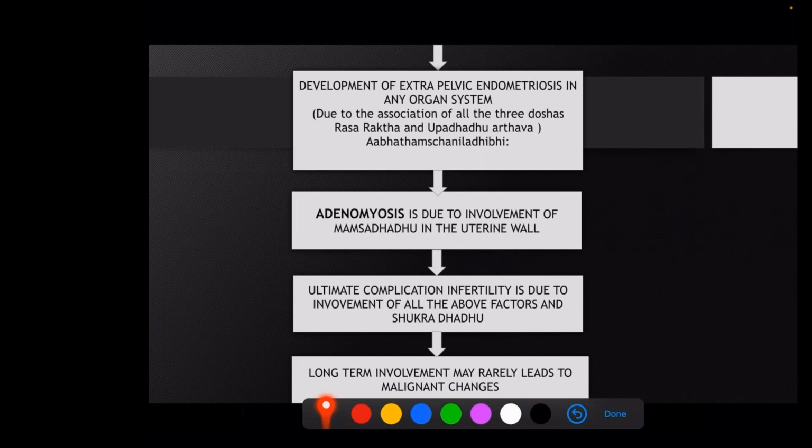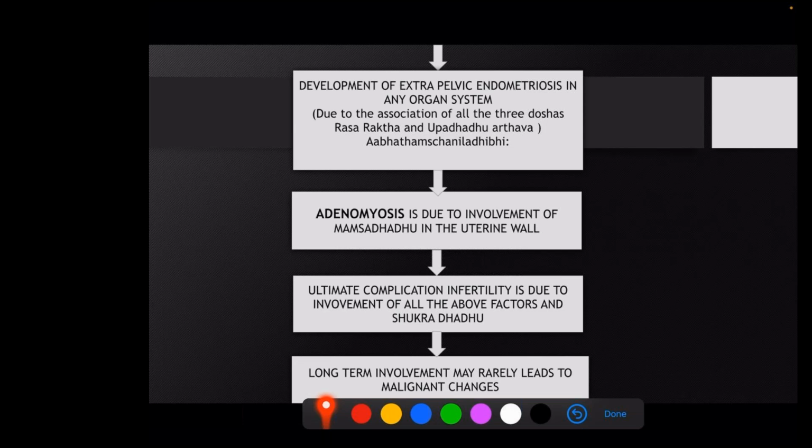Then rasa and rakta dhatus favor vascular and lymphatic spread and development of endometriosis in the extrapelvic sites, complicated by the lakshanas of Asrigdara. The complications of Yoni Roga include Yonigatanari, Yakrit Pradeshadi, Asrigdara, Arsha, Gulma, Abadamsa, Aniladi.